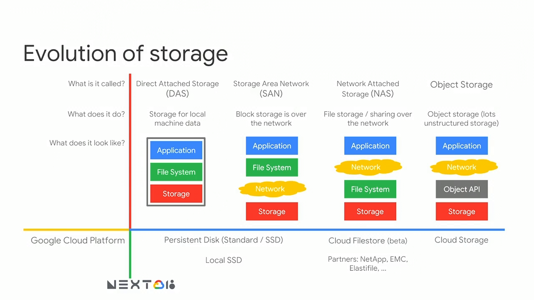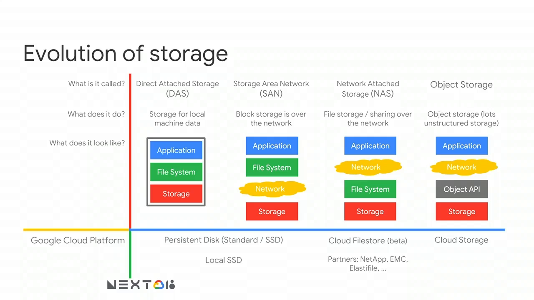So another alternative is network-attached storage. In this model, one of the most common examples is something like a file share. So here the server is a file share server. You mount it over the network, so you would go into your operating system and mount a directory or a share over the network, and the file system is remote from your computer over the network.